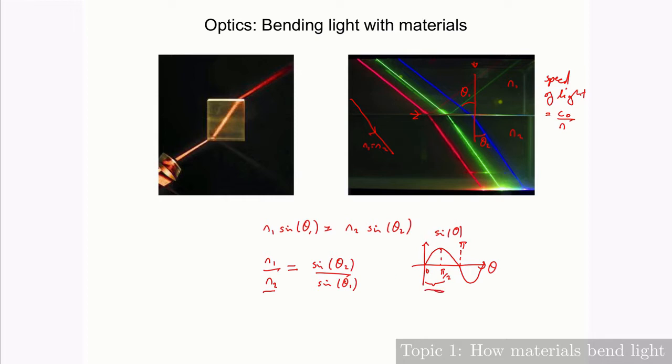And from this graph, the only way sine θ2 can be small is if we're close to the beginning. So if the refractive index of the second material is really big, the light basically bends and goes normal to the surface afterwards. It bends a lot, and that's the most it can possibly bend. That would be n2 much, much bigger than n1.